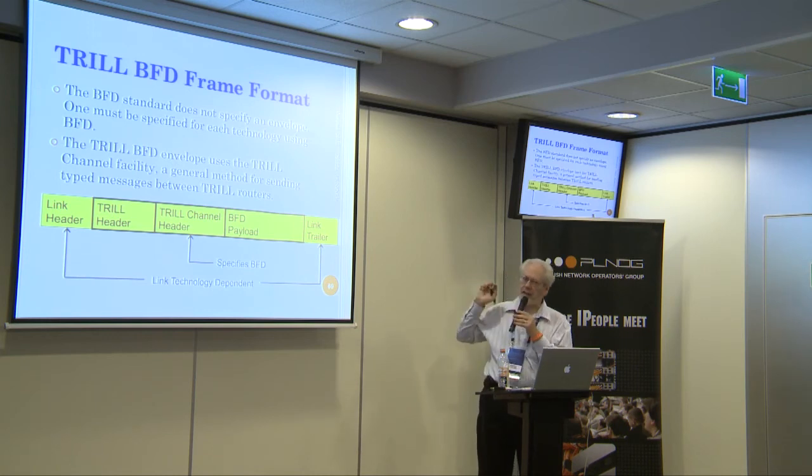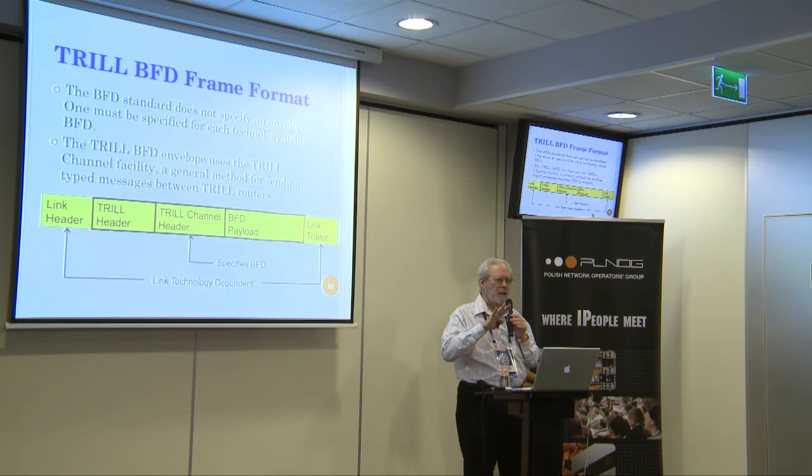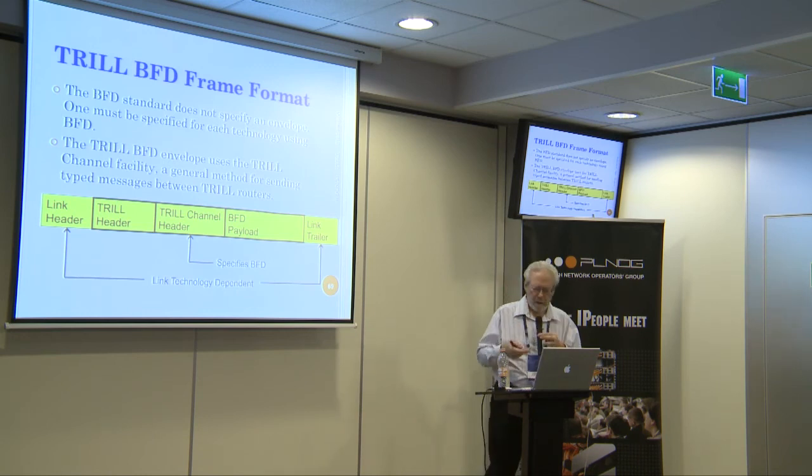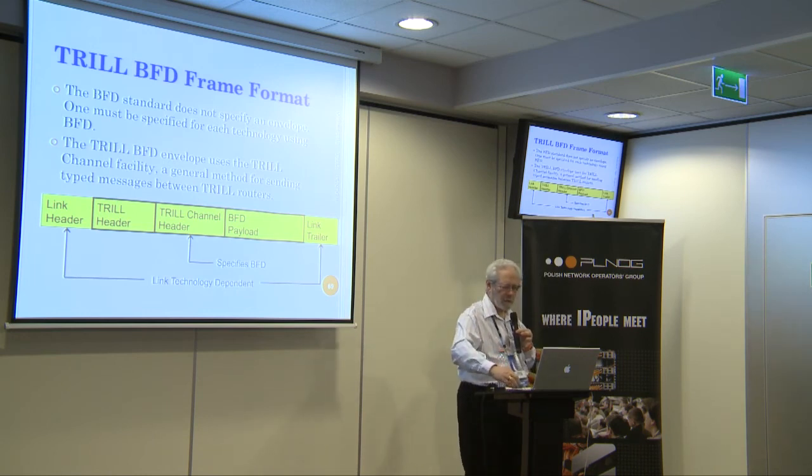One thing about the BFD standard is that it does not define any kind of envelope. So if you want to send BFD over X, you have to define how to envelope it for X. There's no such thing as just sending BFD itself, because you have to wrap something around it. This is how to wrap Trill around it. You can wrap IP around it. You can wrap MPLS. You can do all kinds of things.